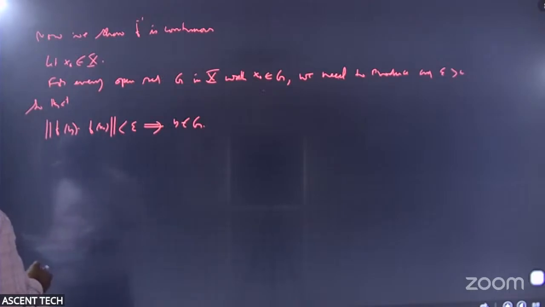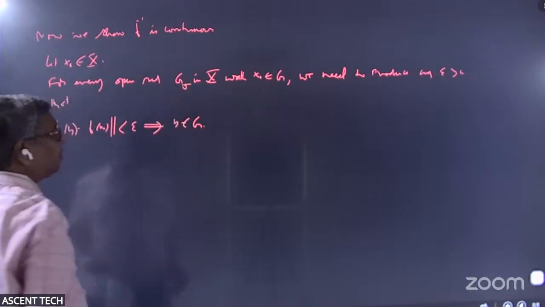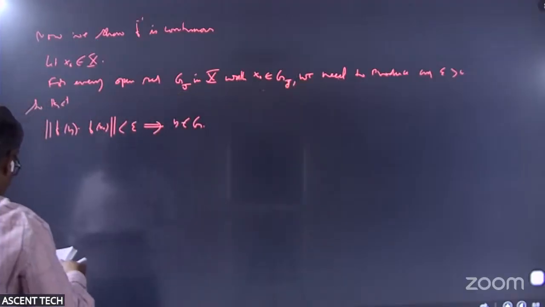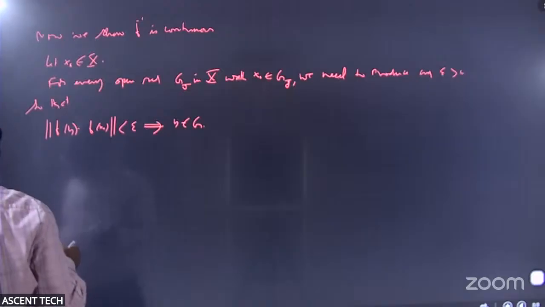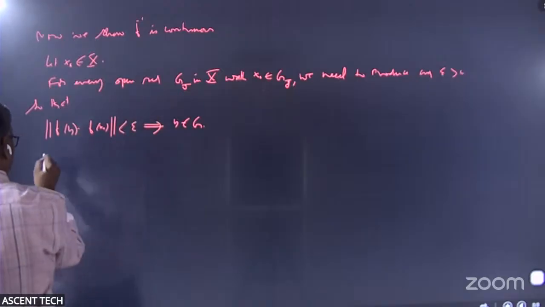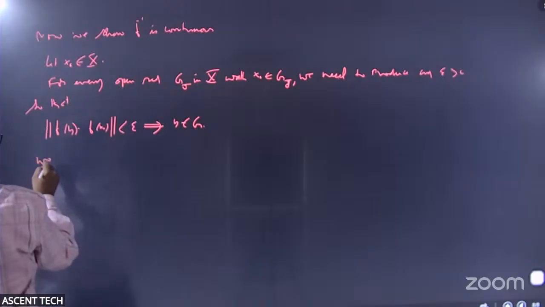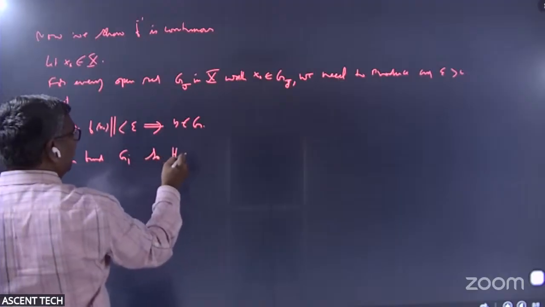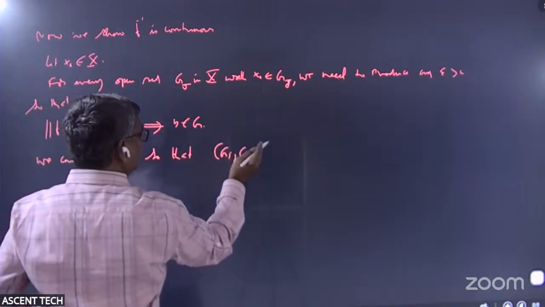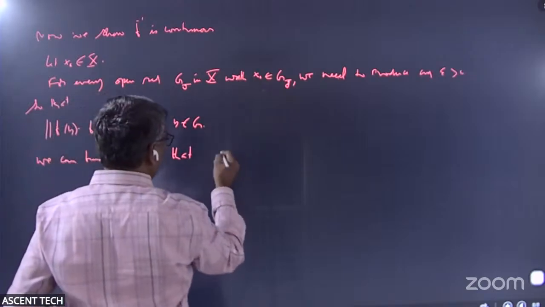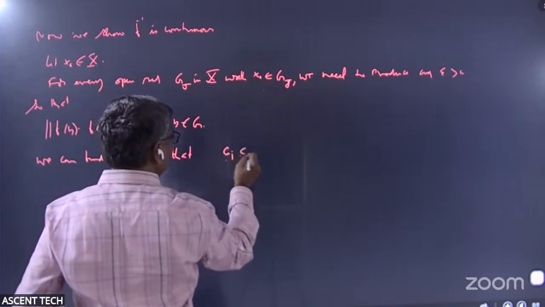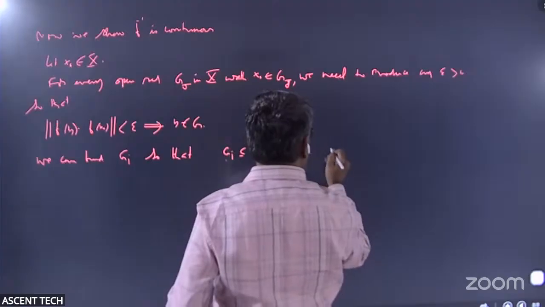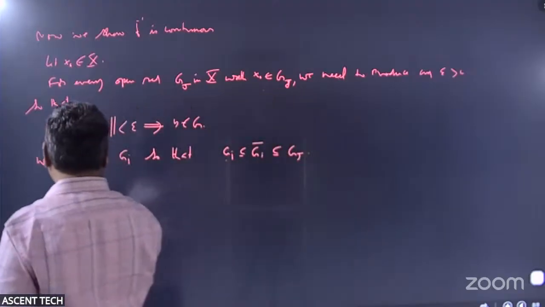So for each G_j of x naught, because G_j is there, we can find G_i so that G_i is contained in G_i bar, which is contained in G_j, and you have this pair G_i, G_j.